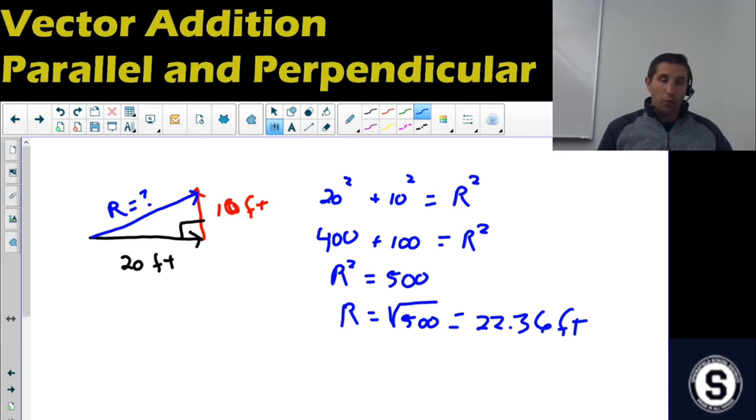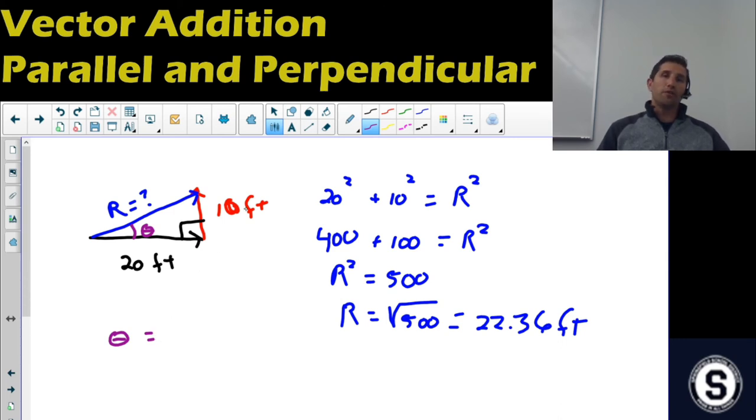We also need to know what direction. So imagine getting this angle right here. Let's find what this angle is. I'm going to draw the symbol theta. To get that angle, we can say that theta equals the inverse tangent. Now, if you've never done sines, cosines, and tangents before, you will learn them as we go a little further along in the course and in your math courses as well.